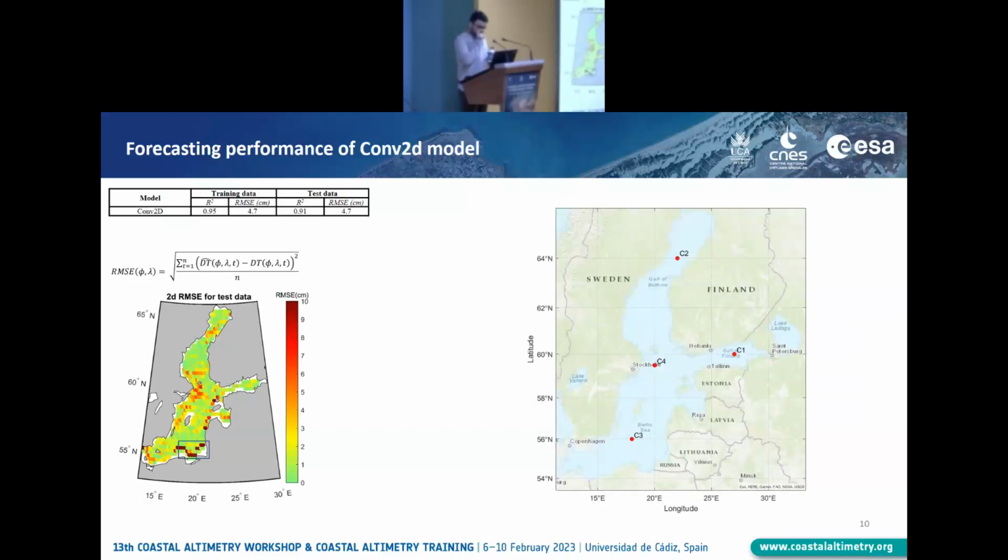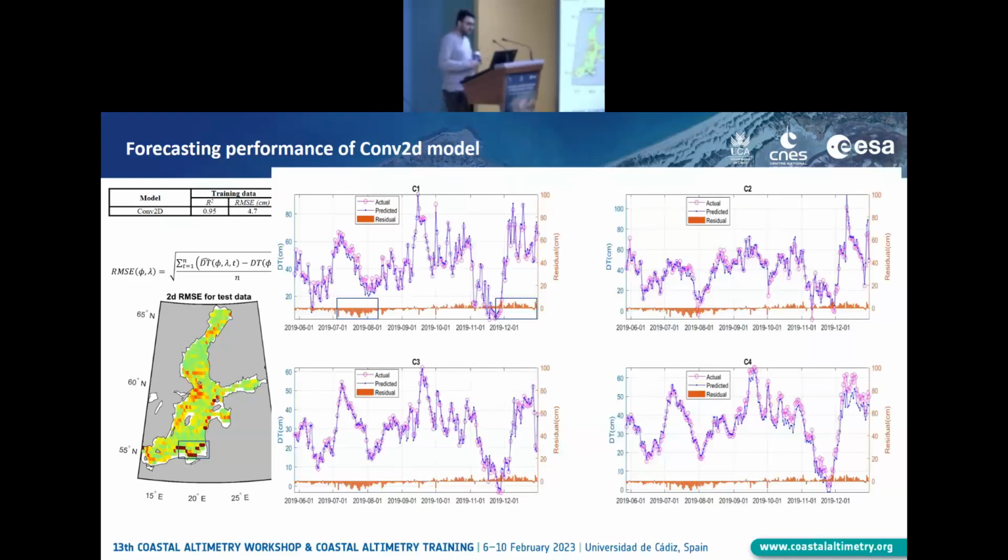Also, to evaluate the open-loop forecasting of our proposed model in the spatial domain, we have selected 4 random grid points, C1 to C4. As you can see, the red nodes are actual data, and the blue lines are the predicted values.